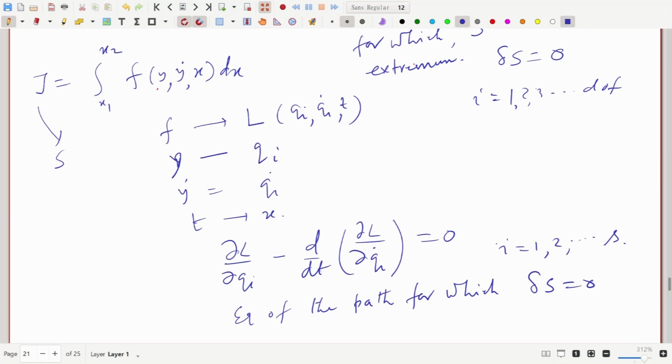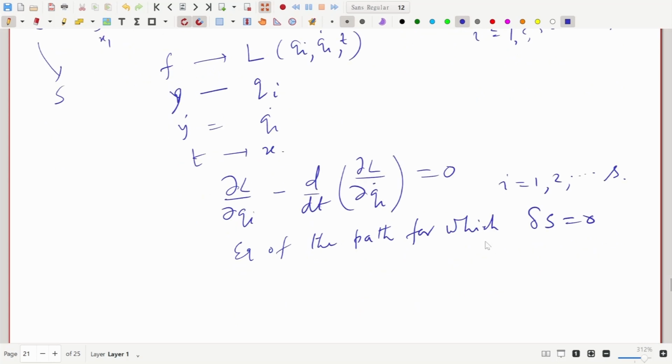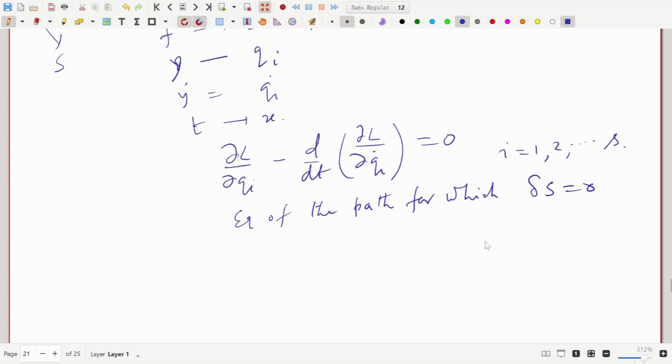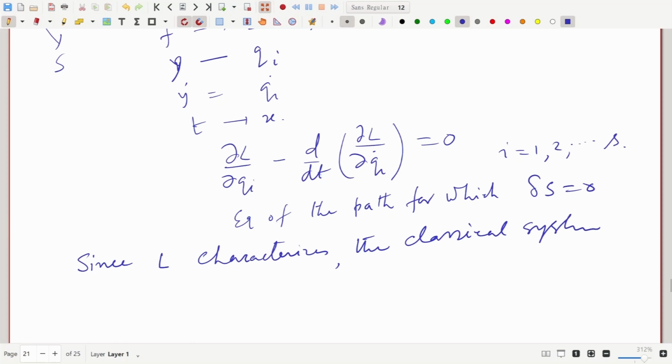So if L characterizes a classical system, it is responsible for the dynamics of the system.